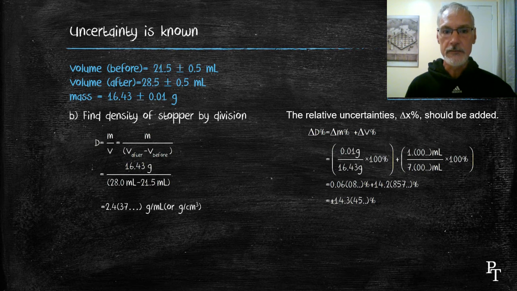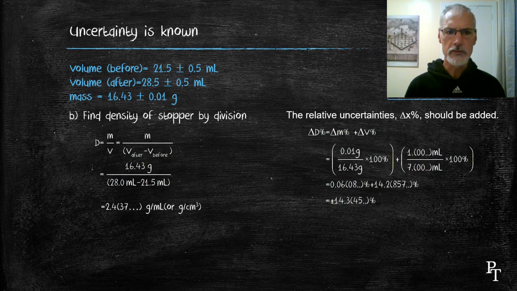And again, if you had data that didn't come to exactly zeros, you want to keep that original data with all of its decimal places. Anyway, upon adding those two together, I'd like to point something out. The error that's in my mass is 0.06%. The error in my volume is around 14%.